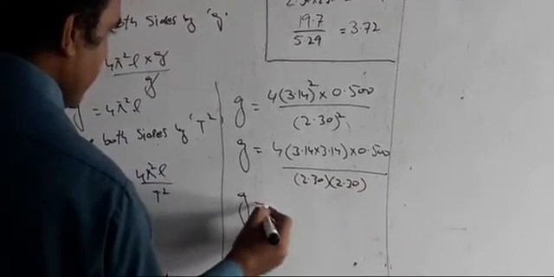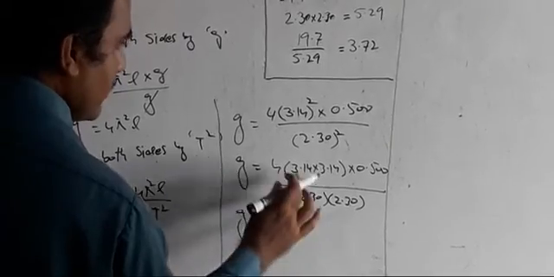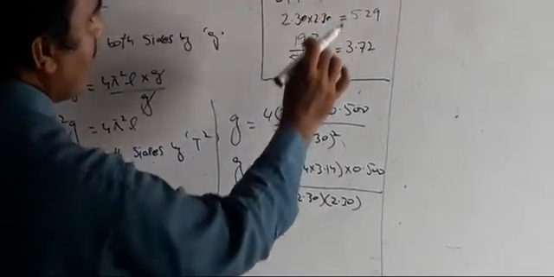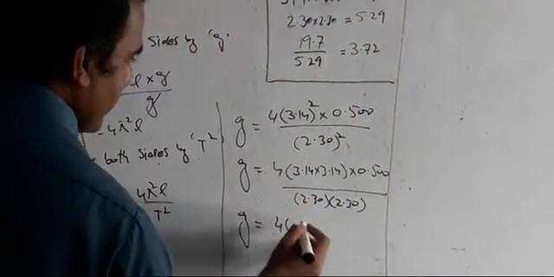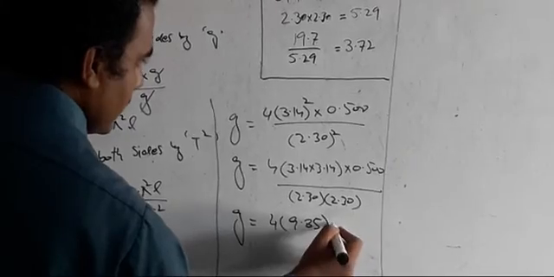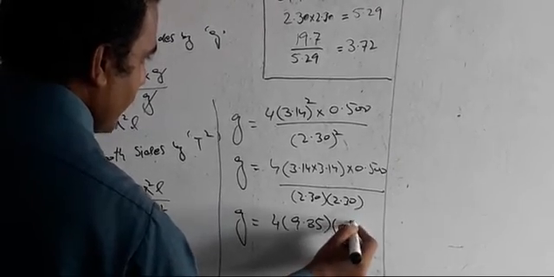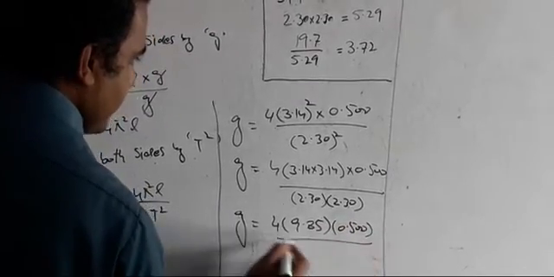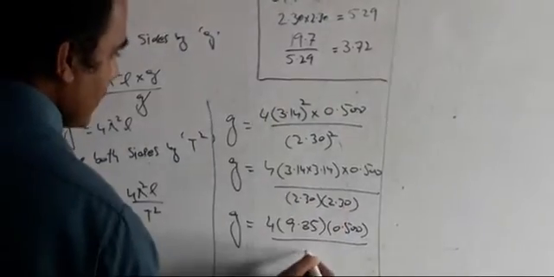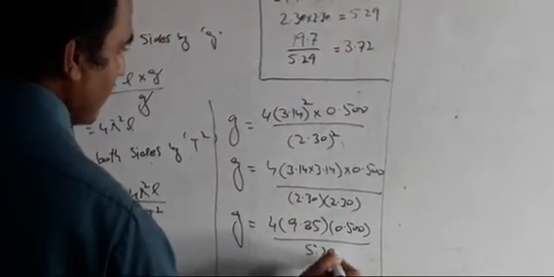So g will become 4 into 3.14 multiply 3.14, which will give us 9.85, while I will multiply it by 0.500 divided by this term 2.30 multiply 2.30, which equals 5.29.